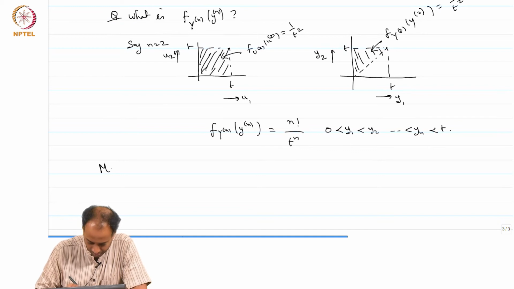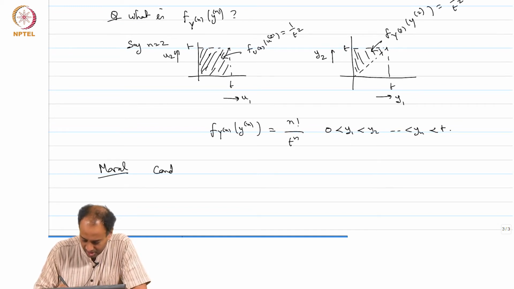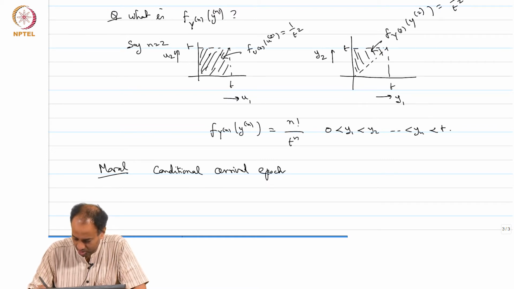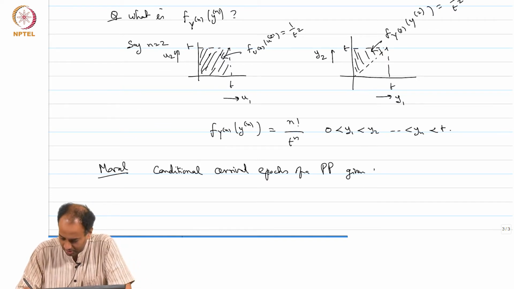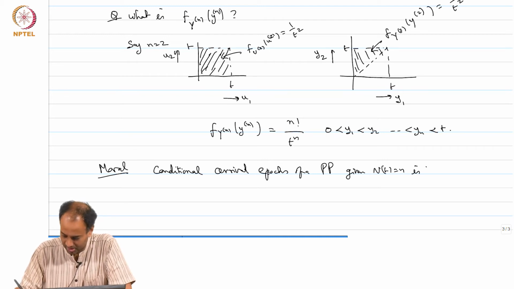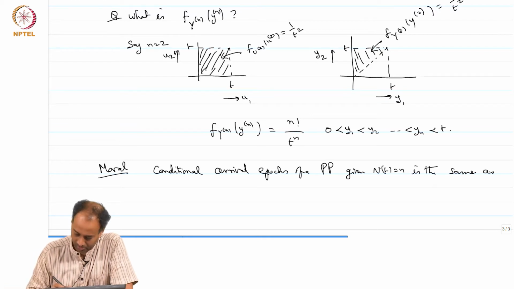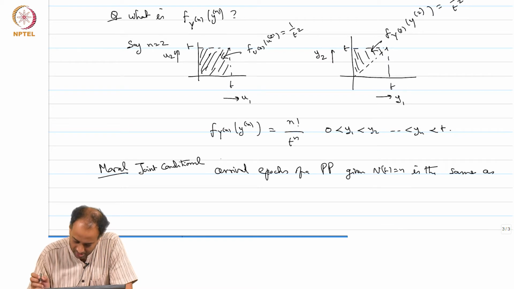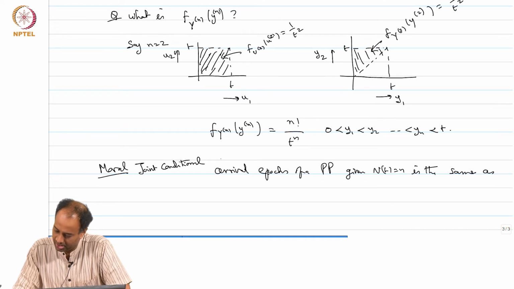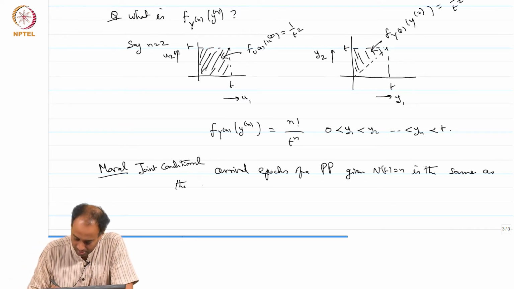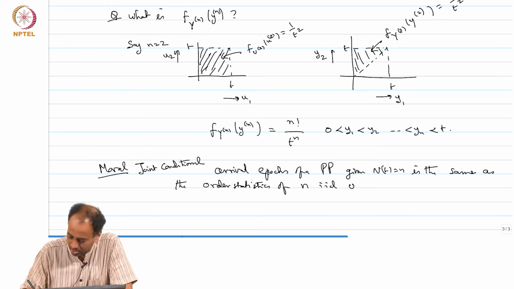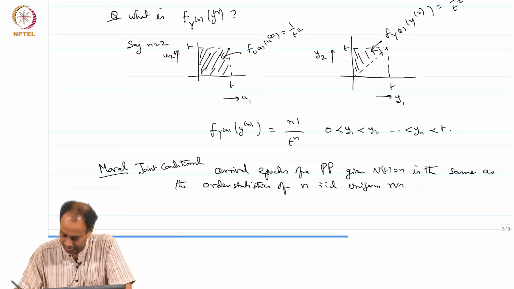So, the moral is that the joint conditional arrival epochs of a Poisson process given N(t) equal to n is the same as the order statistics of n IID uniform random variables in 0 to t.